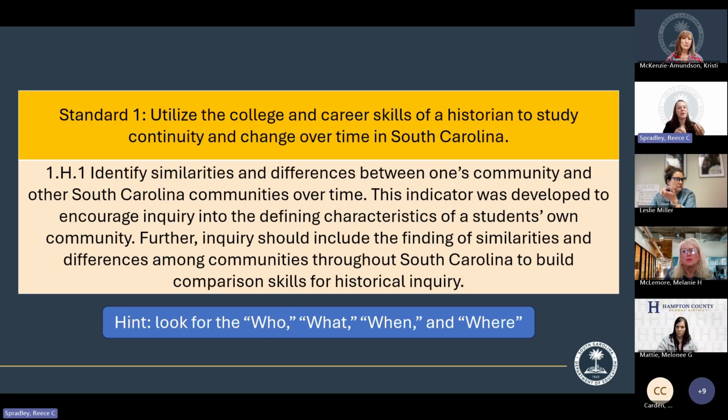So if we are going to be talking about our community and other communities, what traits are we going to probably need to talk about? What do our students need to know? That would be the next question.